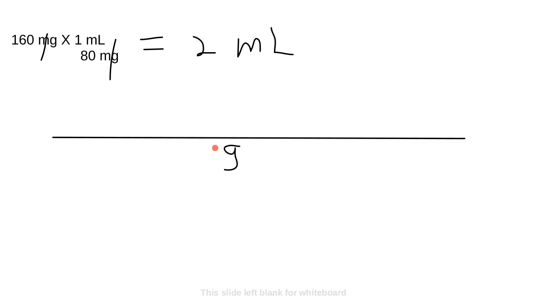If I go to the right of 1 gram, my number is going to get bigger. If I go to the left of 1 gram, my number is going to get smaller. So a macrogram or something like that is to the right, and that's bigger. Micrograms, milligrams, those are all to the left of the line.